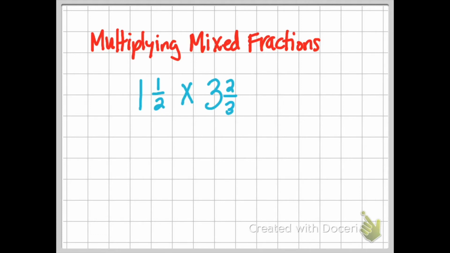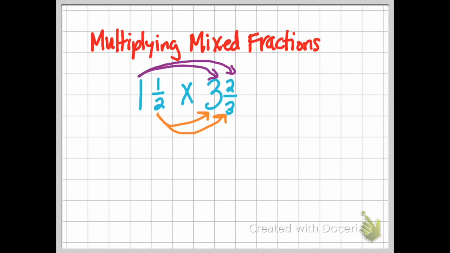Okay, so we're going to review, and this is important to know that when you multiply mixed numbers, it gets kind of complicated. So what's happening is that you want to multiply your whole number by your whole number, and then you want to multiply, let me get a different color, your fraction by your whole number and your fraction by your fraction.